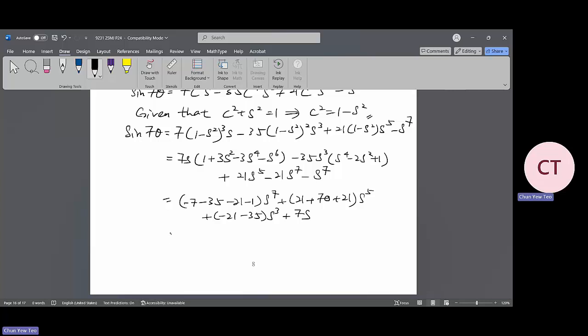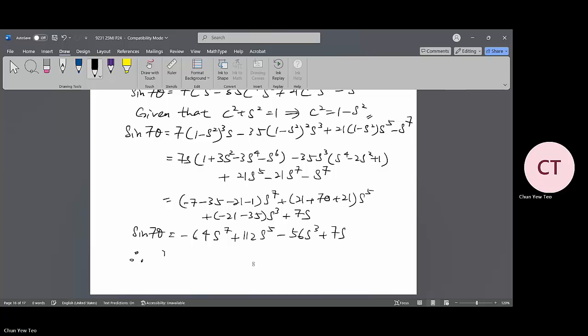Okay, simplify them. You get negative 64 s power 7 plus 112 s power 5 minus the 56 s cubed plus the 7s.